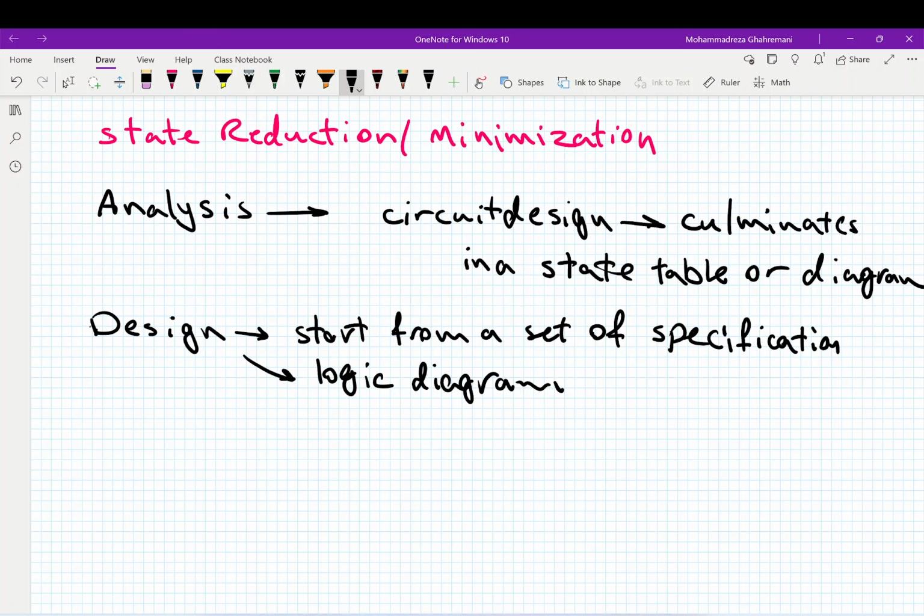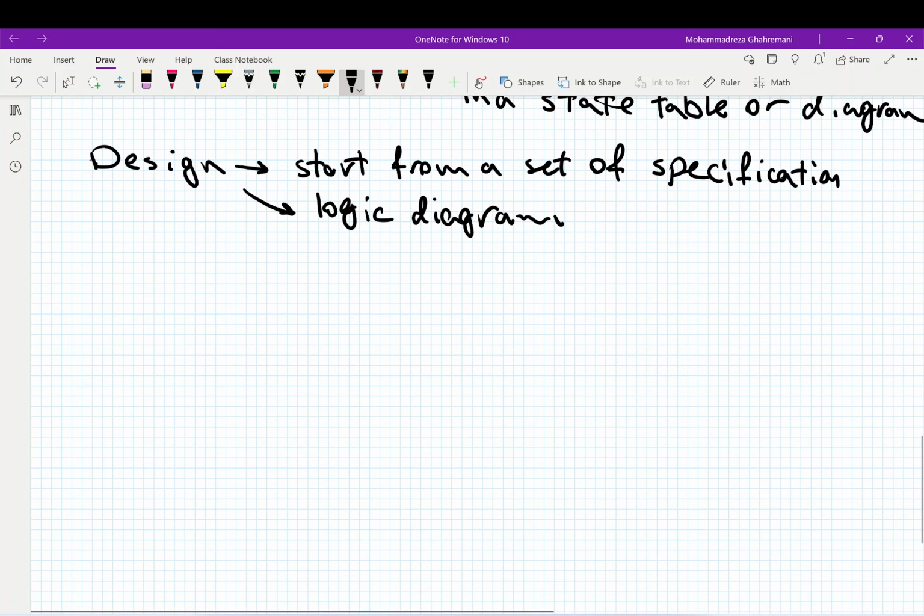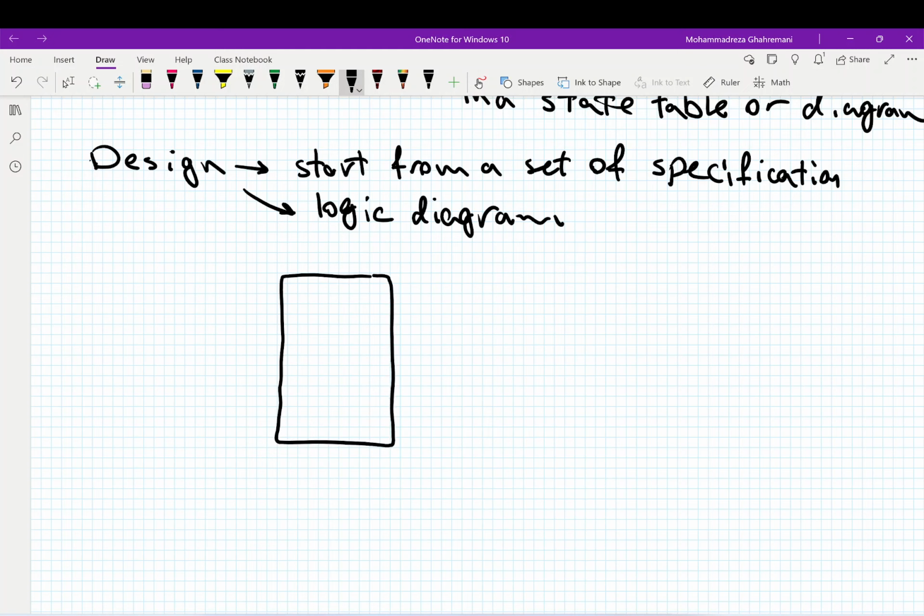Okay, so let's say we are analyzing a system and we have a state table. The state table has some states, so it starts from A up to N. So we need flip-flops to implement the states.